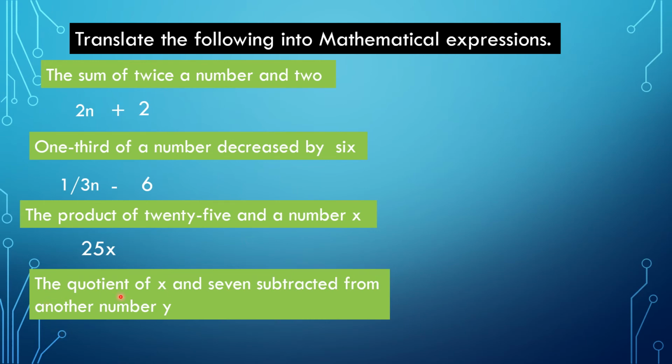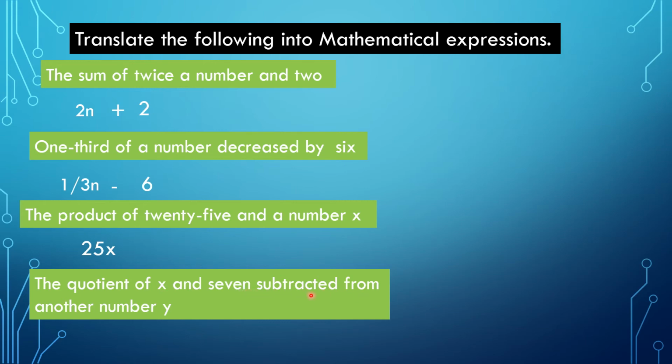Next, the quotient of x and 7 subtracted from another number y. Okay, this one. The quotient of x and 7. So, quotient means we divide x and 7.